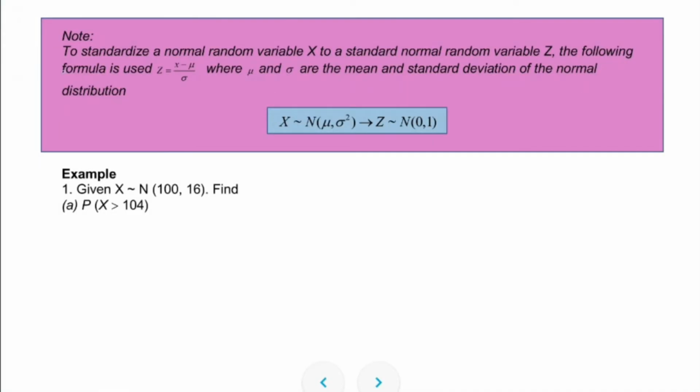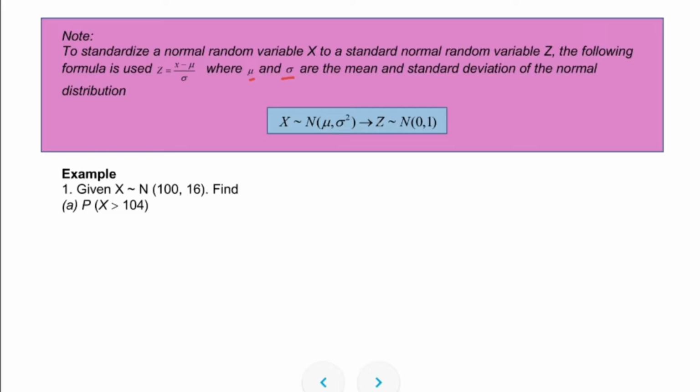To standardize a normal random variable x to a standard normal random variable z, the following formula is used. Z is equal to x minus mean divided by standard deviation, where these are the symbols of mean and standard deviation. Usually in normal distribution, we get x distributed normally with mean and variance.